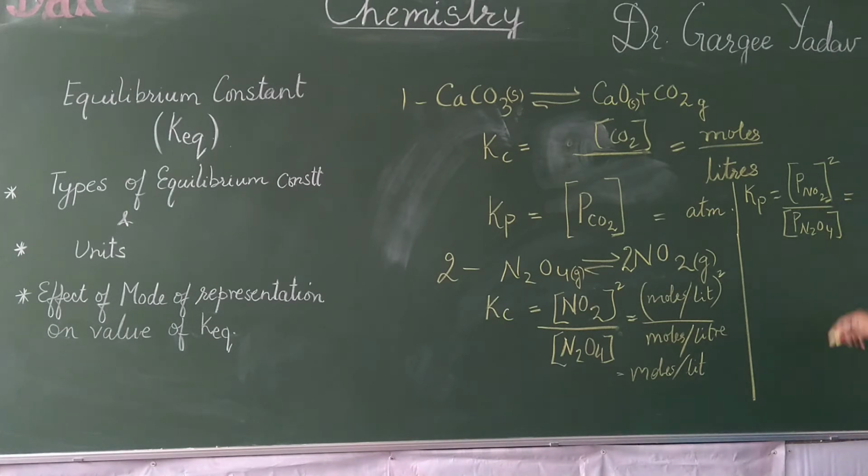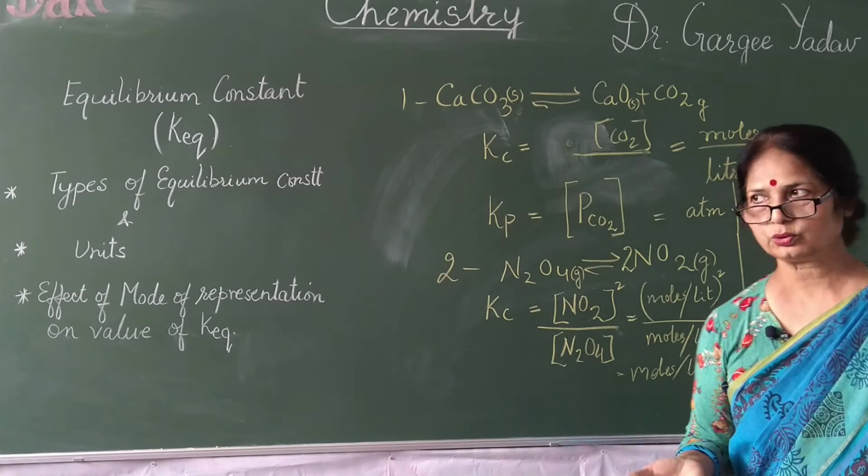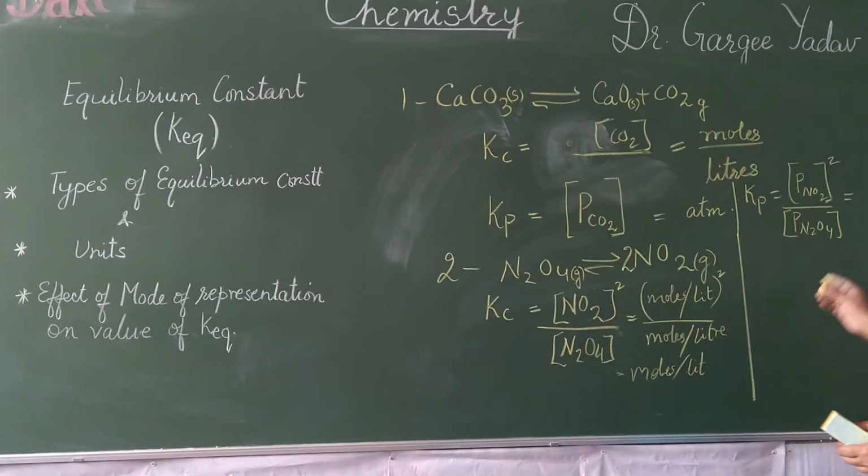Now let's come over to the Kp unit. This is the partial pressure of NO2 raised to the power 2, so it will be in atmospheres, atmospheres into atmospheres, divided by atmospheres. ATM is the unit for the partial pressure.